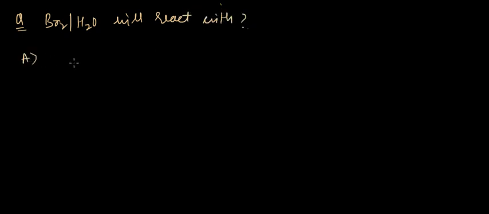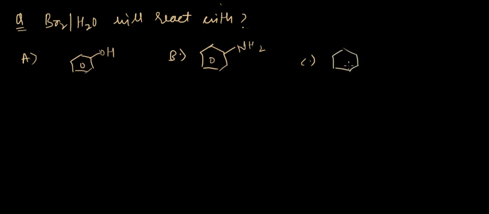Okay. So Br2 in presence of H2O will react with which of the following compounds? A is, you have phenol. B, you have aniline. C, you have unsaturated cyclohexane or cyclohexene.